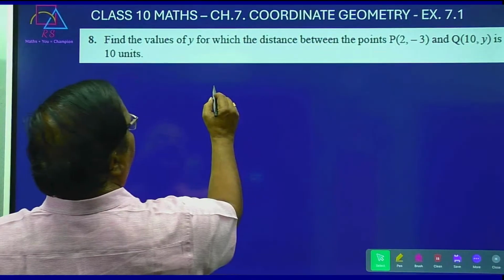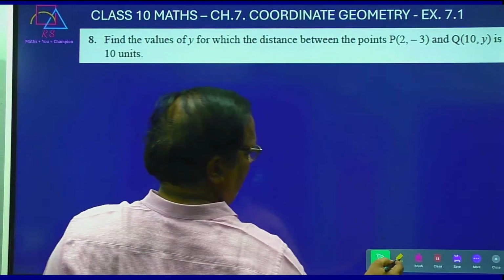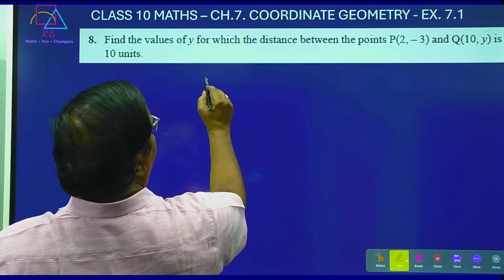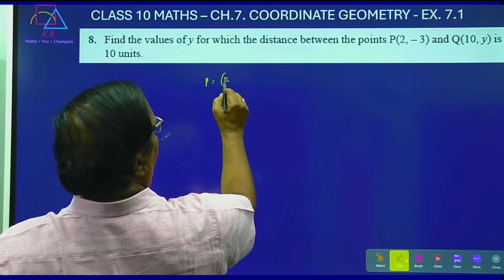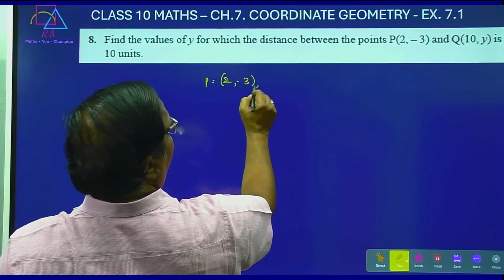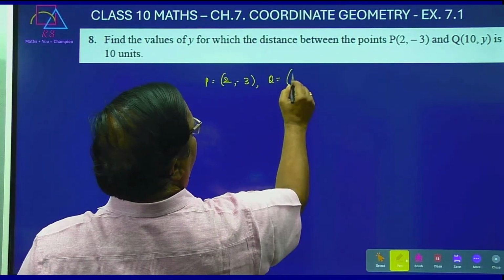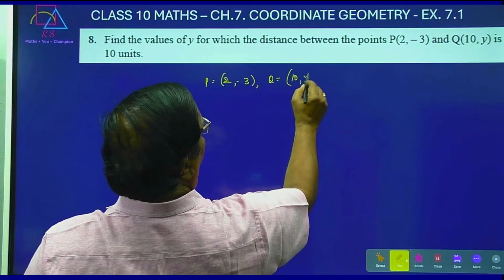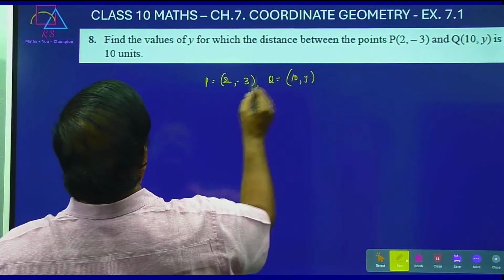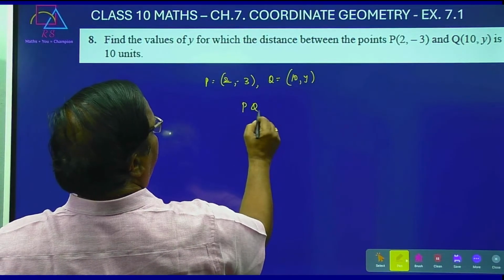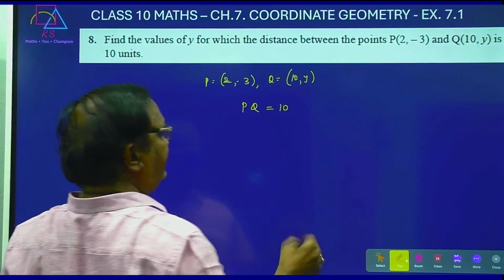Let us take P is equal to 2, minus 3 and Q is equal to 10, y. The distance is 10 units. That means PQ is equal to 10 units. This is given.